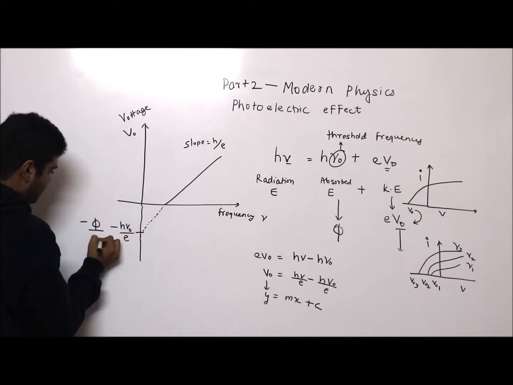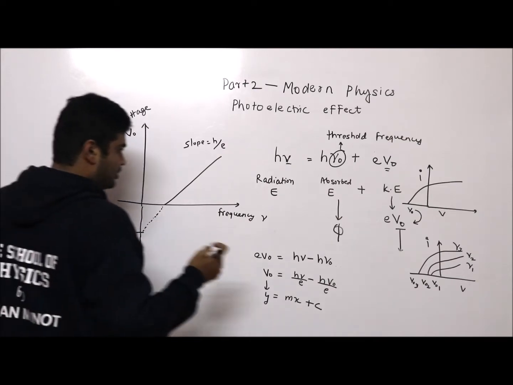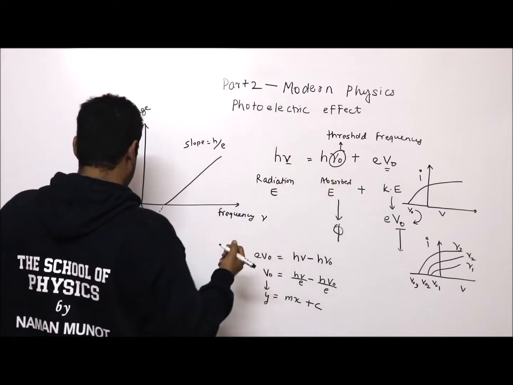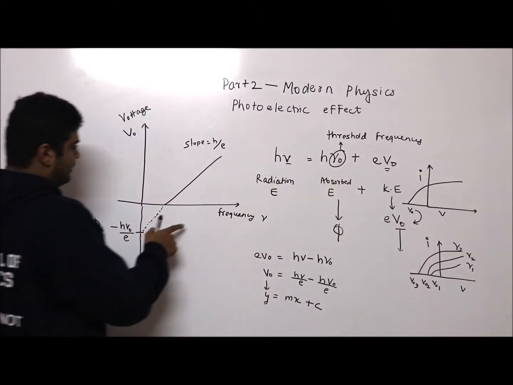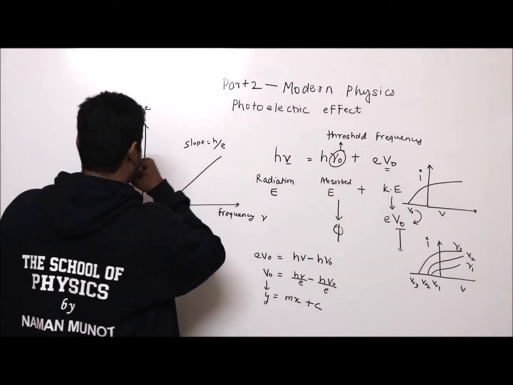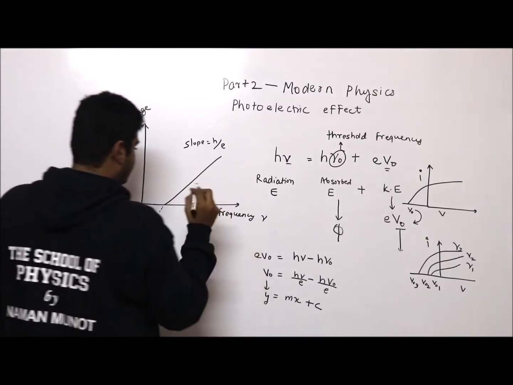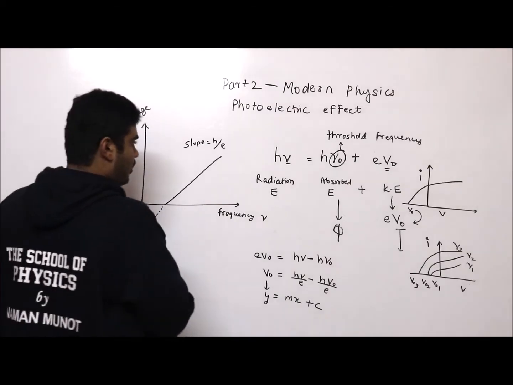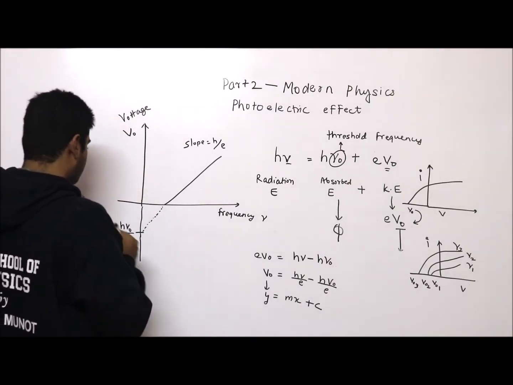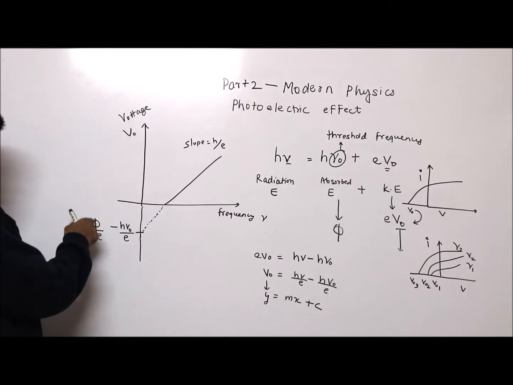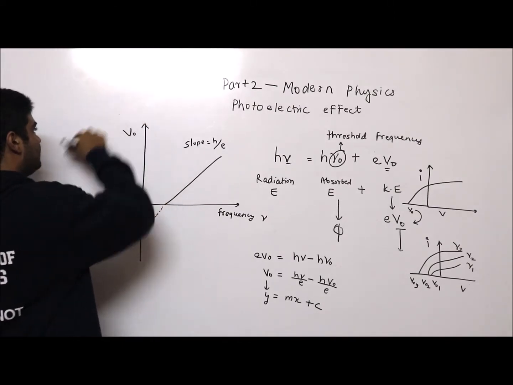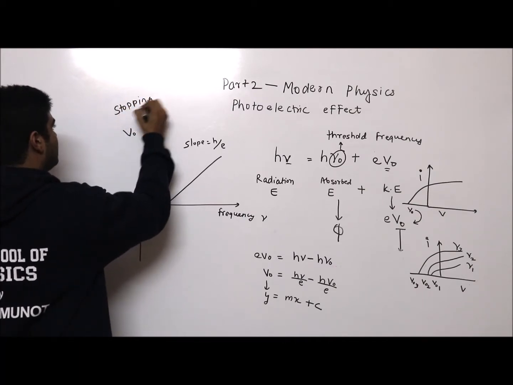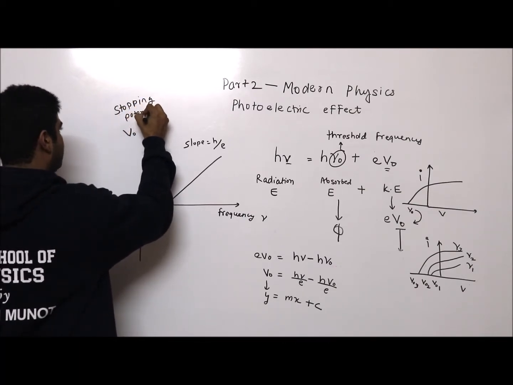The slope h by e is positive. Oh sorry, this intercept is the work function by e, not the stopping potential. On the y-axis we have the stopping potential.